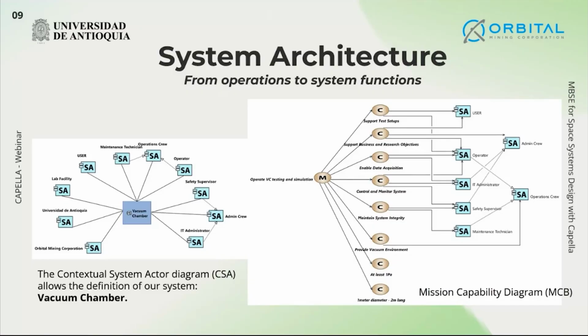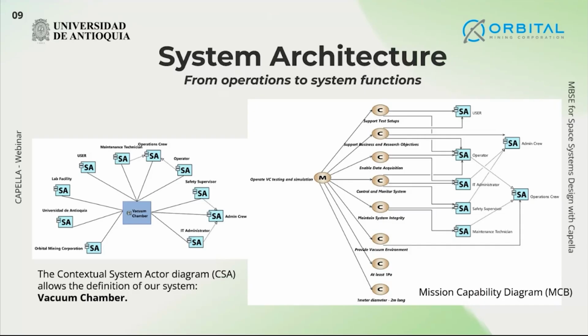So this information directly influenced later architectural definitions. Now for the system architecture, the bridge between the operational architecture and early solutions, we based everything on the operational analysis. So we transitioned to the system and the logical architecture. Here we focused on what the system must do, independently of how it will be implemented.